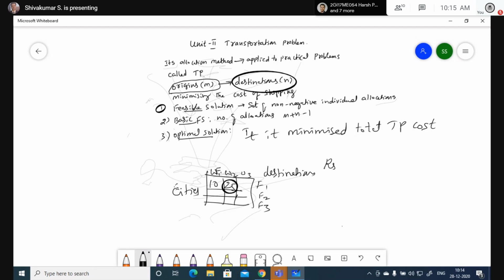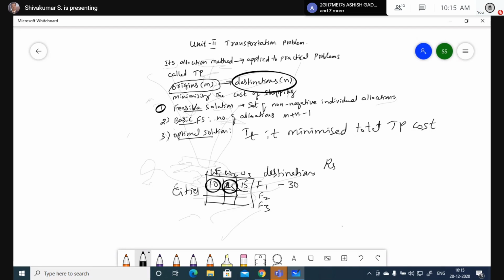Meanwhile, you have to make sure whether everything is available or not. For example, if the availability in factory 1 is only 30, then you can't supply 35 to warehouse 1, warehouse 2, warehouse 3. You have to make sure it is optimally allocated. For example, 10 for warehouse 1, 5 for warehouse 2, and 15 for warehouse 3.